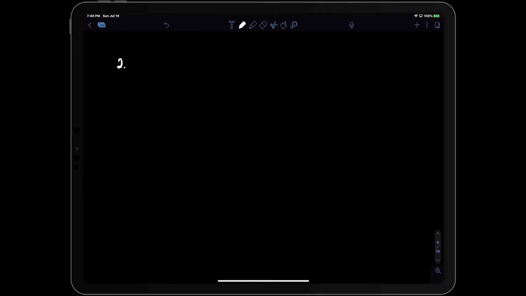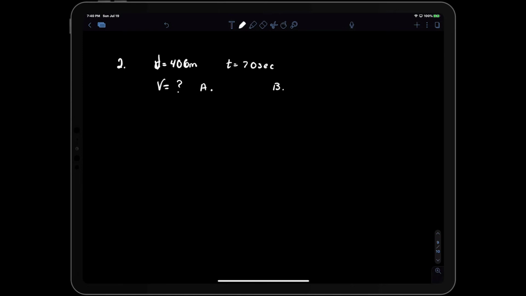Question 2 has, during a canoe race, a camper paddles a distance. Okay, so we have a distance of 406 meters, and then our time is going to be 70 seconds. It says, what is the average speed? All right, so again, when we're trying to figure out this speed, it wants us to figure out two different units.